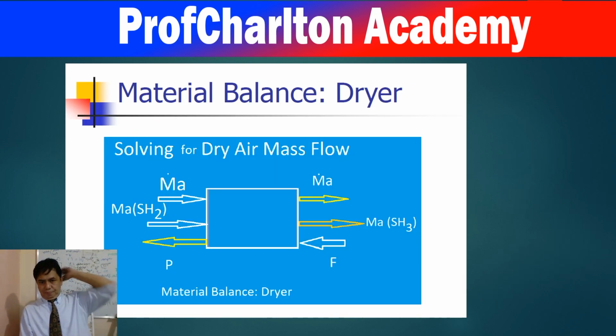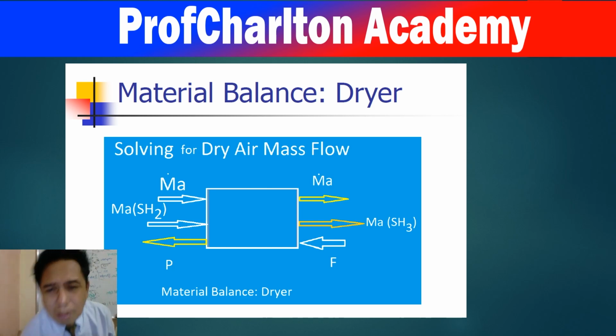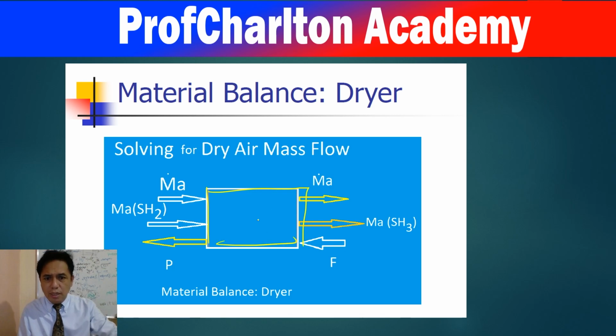Another tool that will help us in solving for the material under drying is the material balance of the dryer. Meaning, if you are going to put a box right here, mass of air is coming in, then going out. That is the mass flow of air, the rate of air passing or coming into a certain structure.